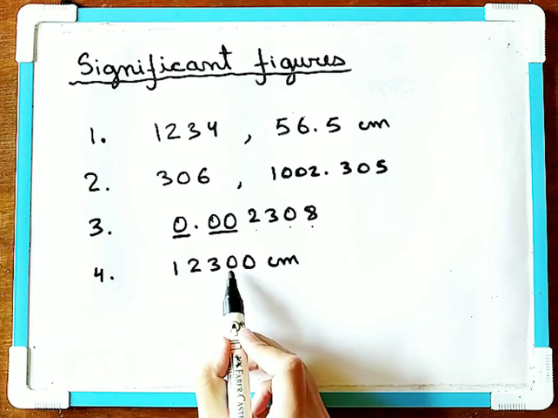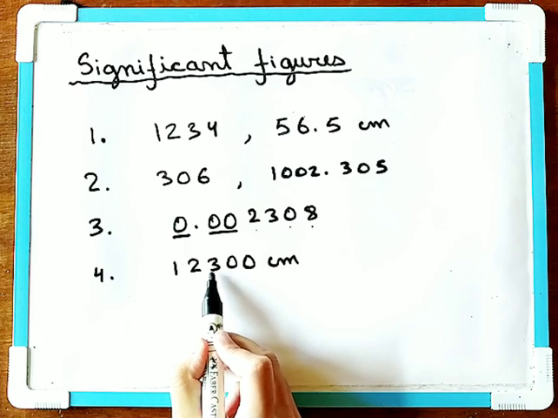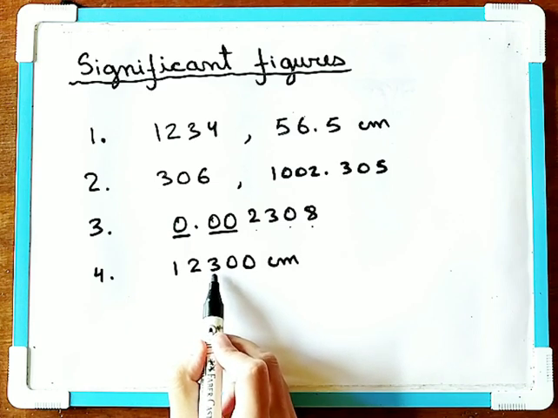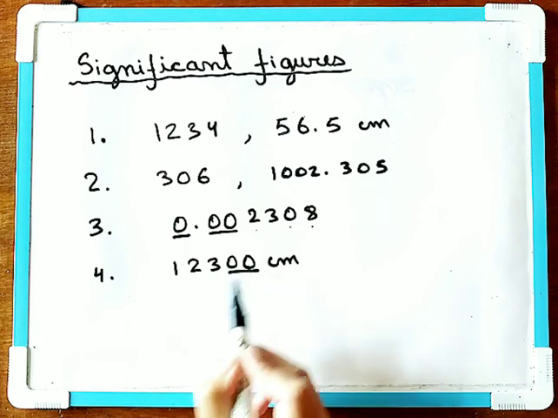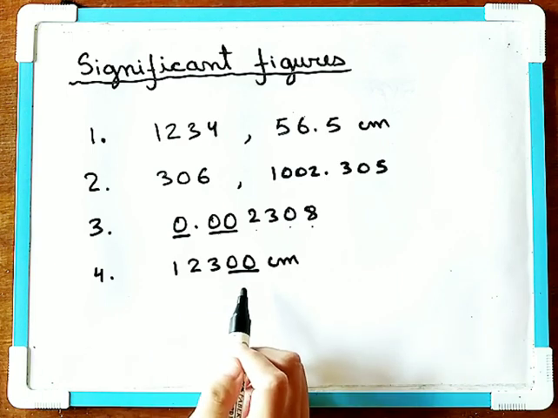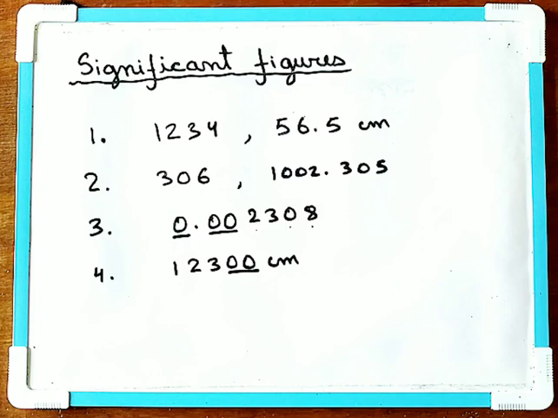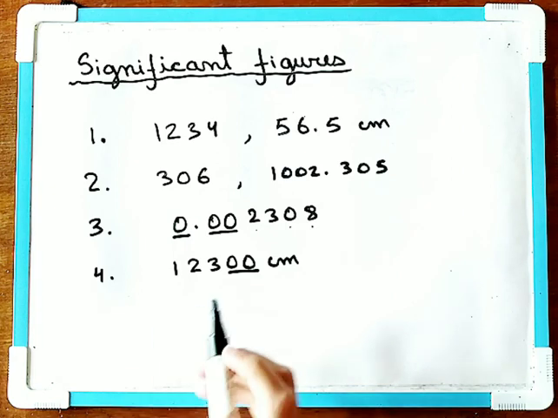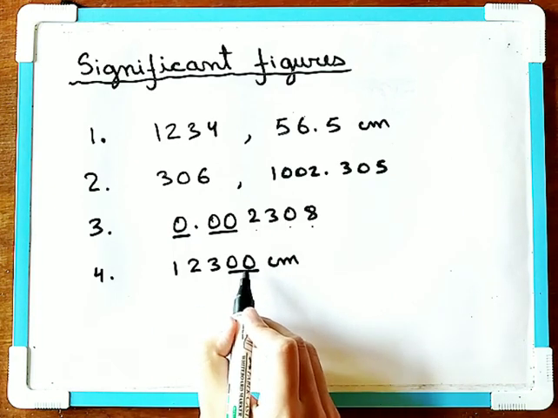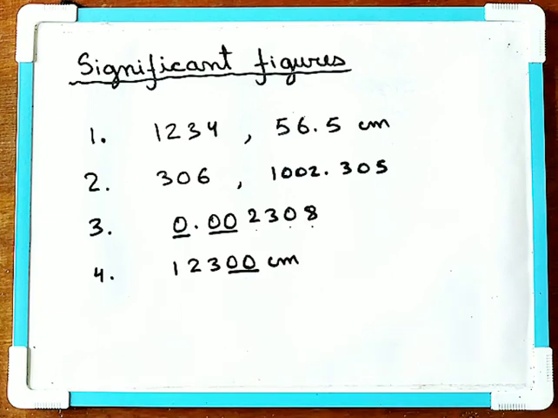So the zeros after the 3 are not significant. So in this case we have only 3 significant figures. But if there's a decimal point, then these zeros are significant.